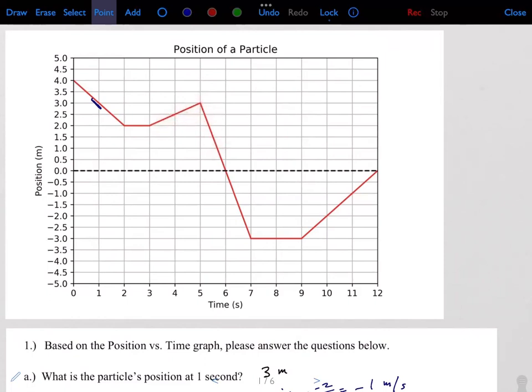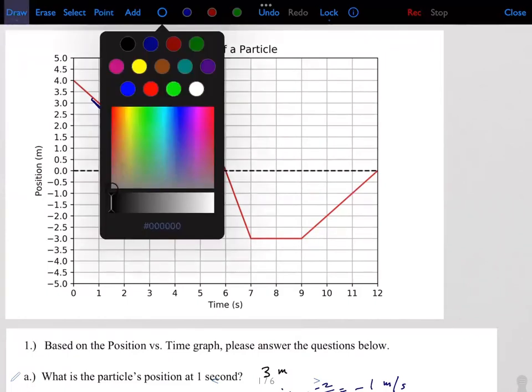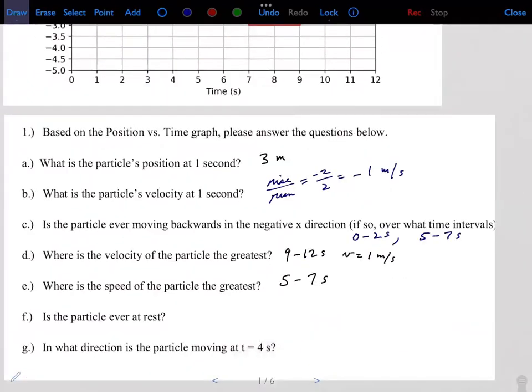You know, in reality, you can't just have a velocity that jumps, right? It had to be smoother. But for teaching purposes, it's easier to draw it with these straight lines, right? So we're kind of ignoring these locations where there's kinks. So what I would say is, where is at rest? Where the slope is 0, so 2 to 3, and 7 to 9.